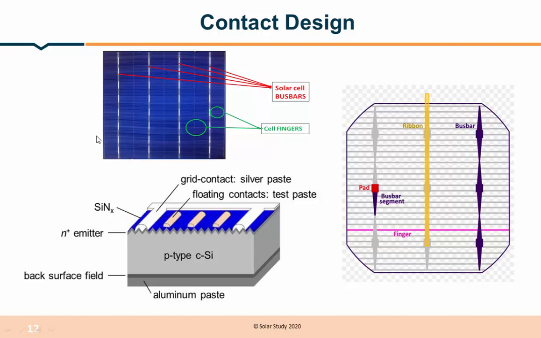Basically, these contacts are made of silver paste. Why? Because it is a very good carrier of current, and it reduces oxidation of the metal. If we use iron or copper, it will produce oxidation.